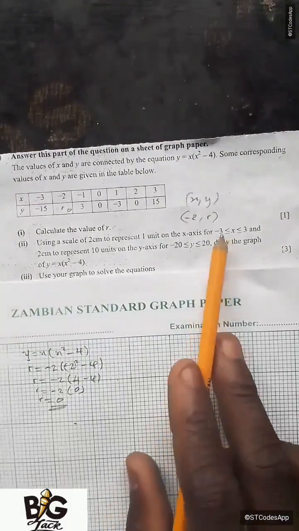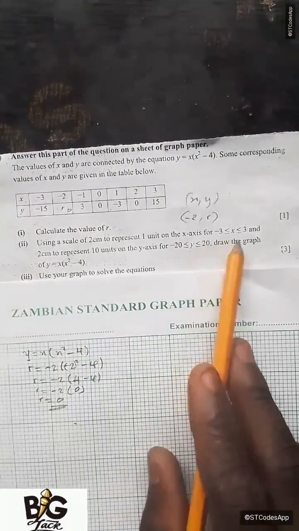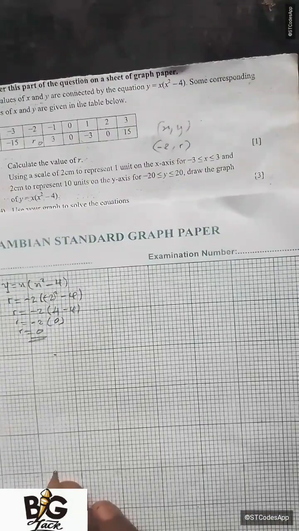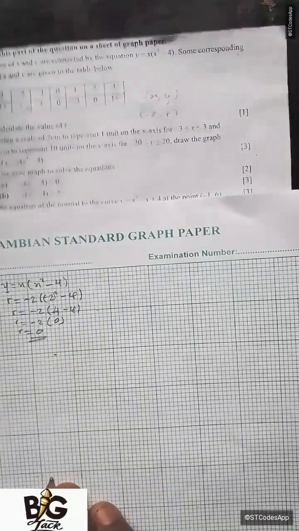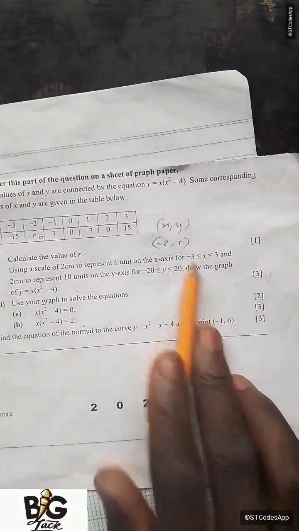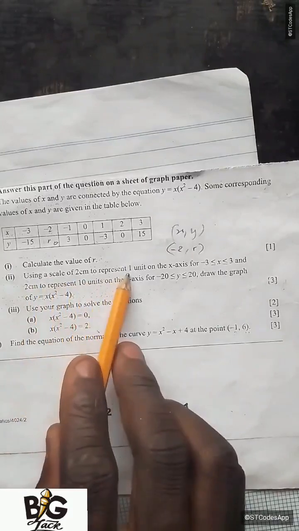So the first thing here, I'm going to take the range for x. If this one here is my origin, which means on the negative side of the x-axis, I need to end on negative 3. And it was saying, using a scale of 2 centimeters to represent 1 unit.